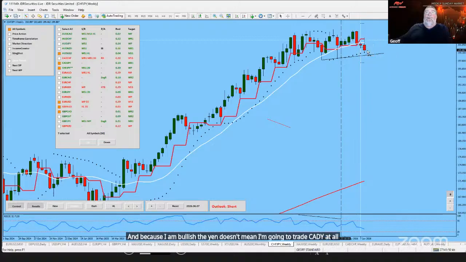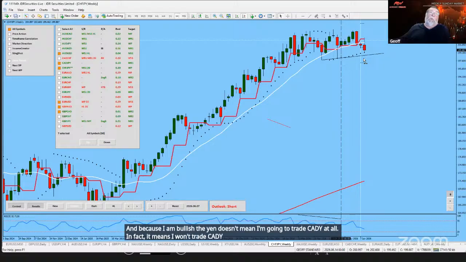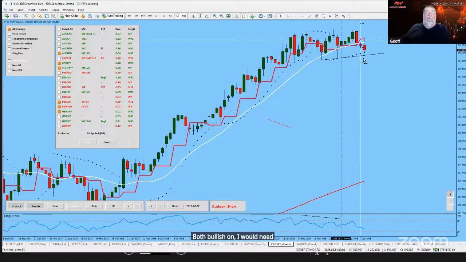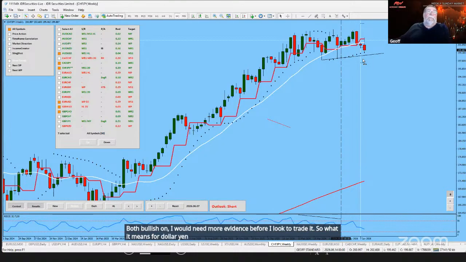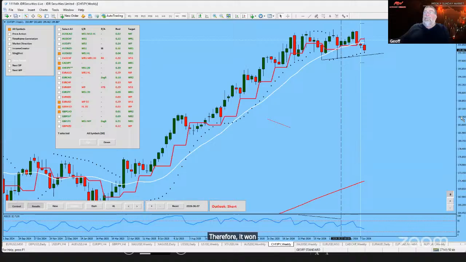In fact, it means I won't trade CAD yen until I've got something more to go on. Exactly the same applies with anything that I've got both bullish on. I would need more evidence before I look to trade it. So what it means for dollar yen is I don't know. Therefore, I won't trade it until something else happens.